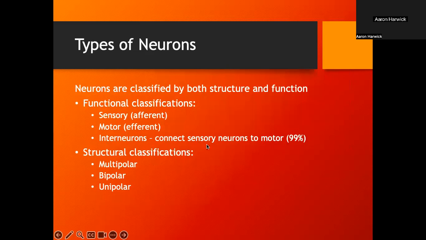Interneurons connect sensory neurons to motor neurons, and they make up about 99% of your neurons, as well as the structural classification: multipolar, bipolar, or unipolar. It's all about how many branches there are off that main cell body. If there are 3 or more, it's multipolar. 2, bipolar. 1, unipolar. And of course, we'll look at some examples.